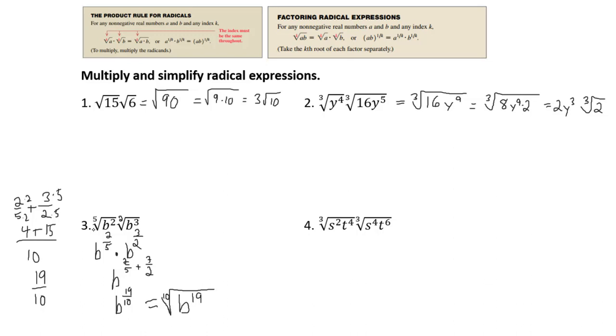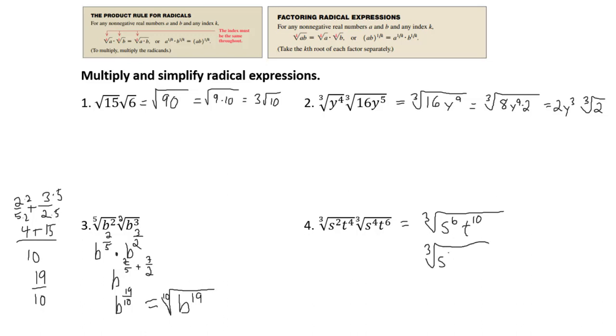So these, you see that they are the same root. They're both a cube root. So when we multiply those out, that becomes cube root of s squared, and s to the fourth becomes s to the sixth. T to the fourth and t to the sixth becomes t to the 10th. And we can go ahead and split that into perfect cubes.